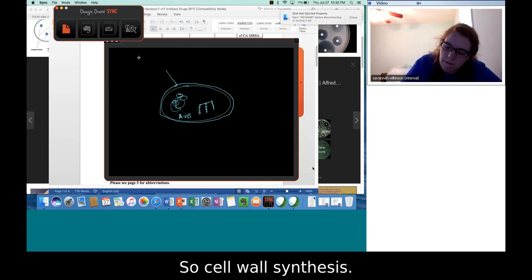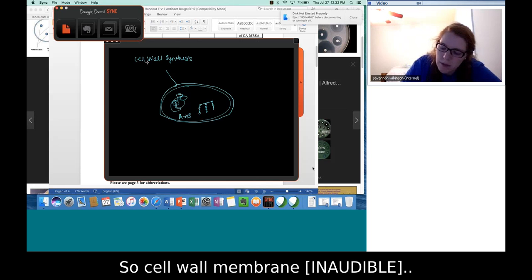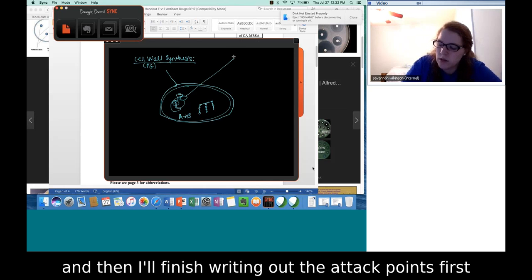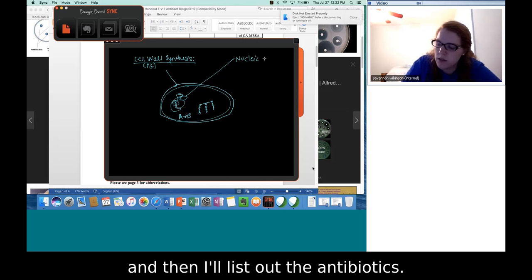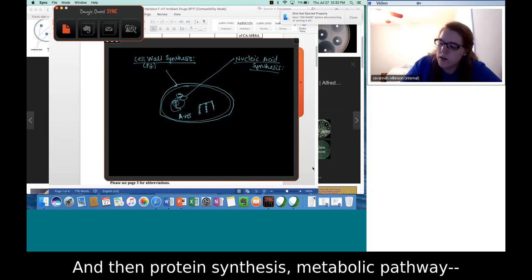So cell wall synthesis. So cell wall, remember, is peptidoglycan. So the antibiotics that attack at these particular points, I'll finish writing up the attack points first, and then I'll list out the antibiotics. And then protein synthesis.